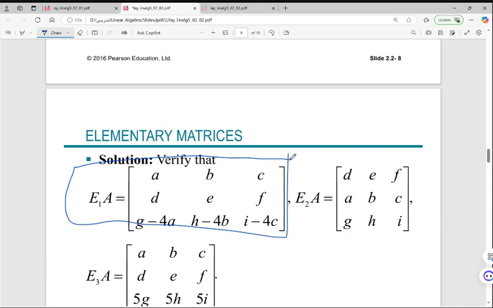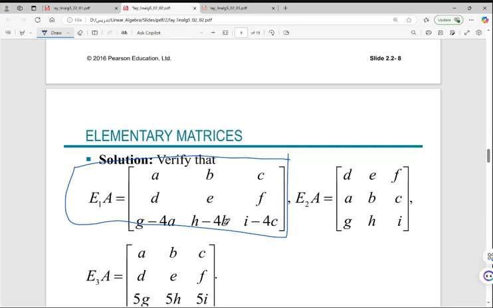So what is the relationship between A and E1A? A is A, B, C, D, E, F, G, H, I, and E1A is something like this. Exactly.